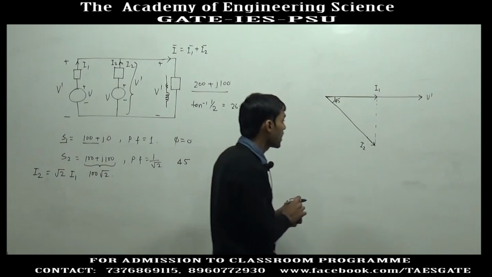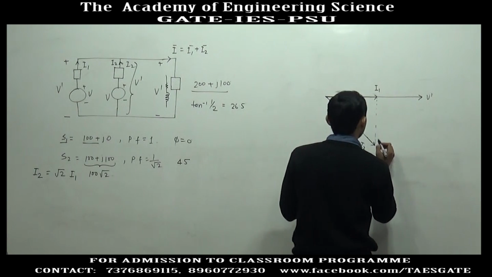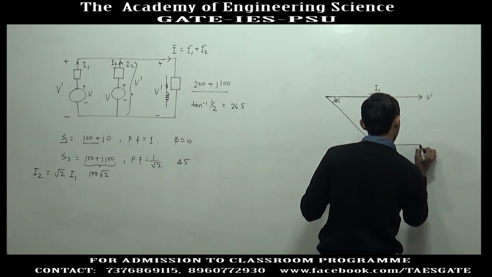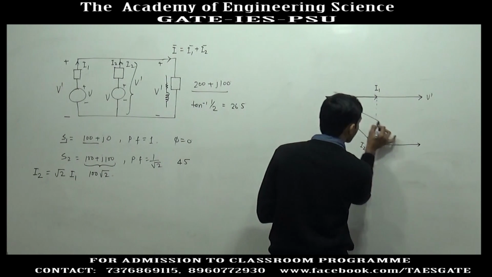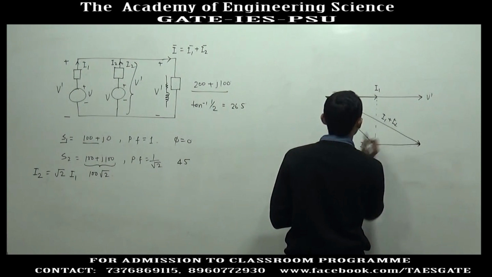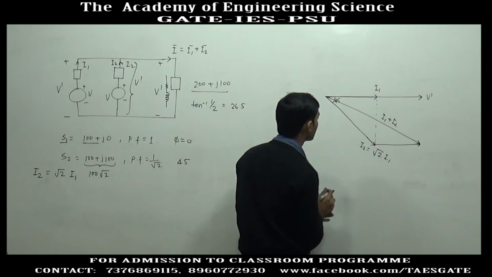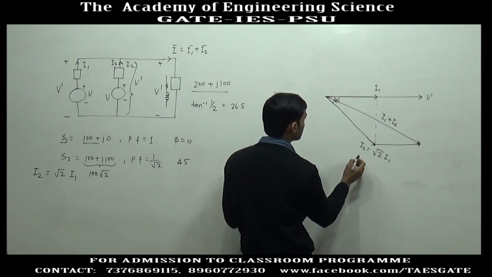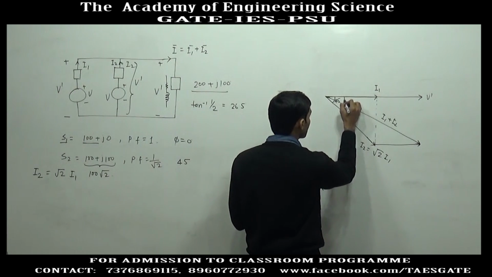The vector sum of I1 and I2 will be equal to the total current. So we draw I1 here, and this vector will be I1 plus I2. This is root 2 times I1, and this angle is 45 degrees.